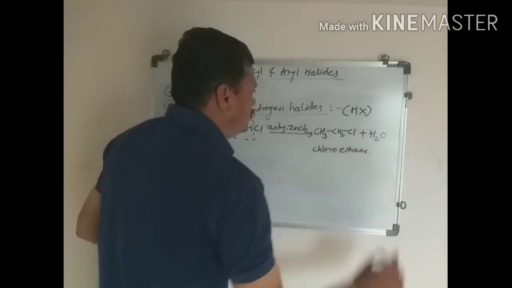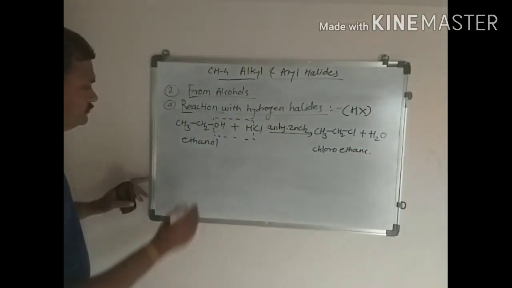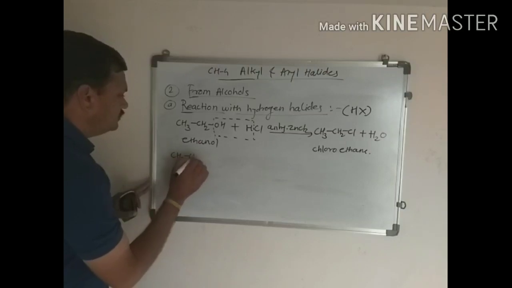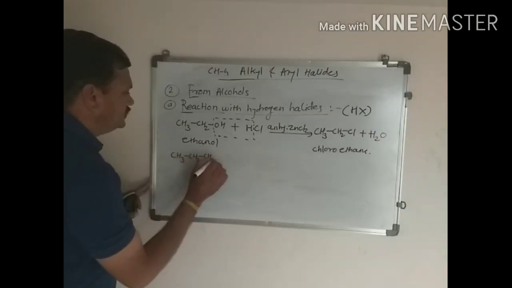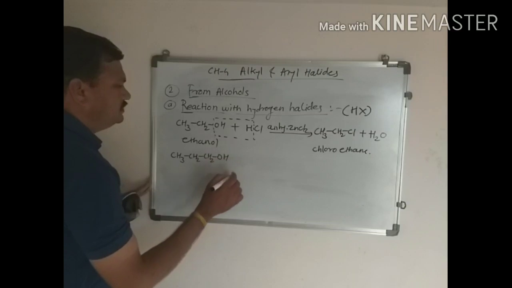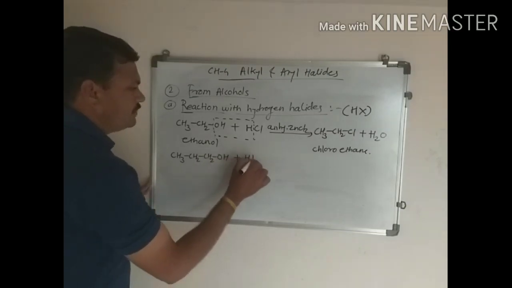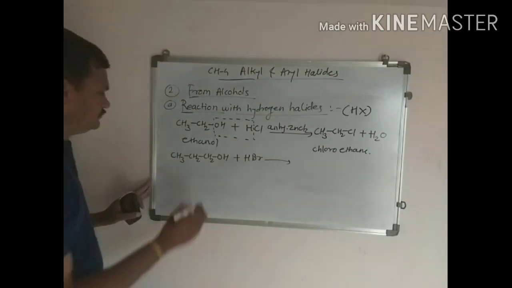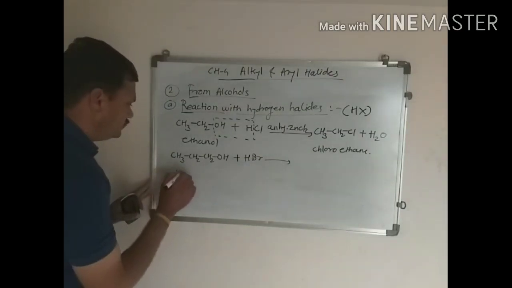Chloroethane. Another example, 1-propanol, CH3 CH2 CH2OH, reacts with HBr, hydrobromic acid.